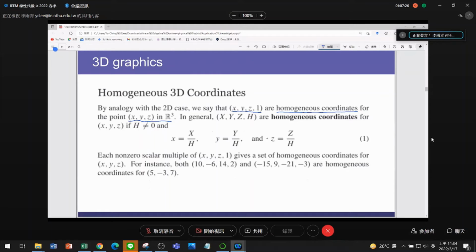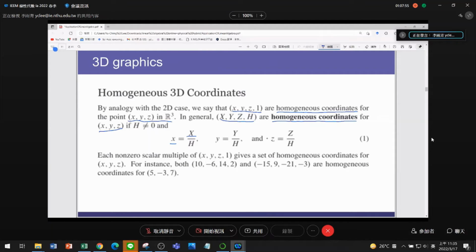And here it says that generally x, y, z, h are homogeneous coordinates for x, y, z if x equals capital X divided by h, y equals capital Y divided by h, and z equals capital Z divided by h. It's better to look at the numerical example.